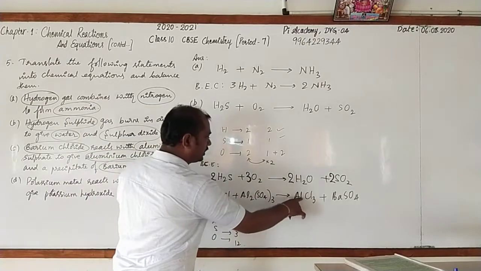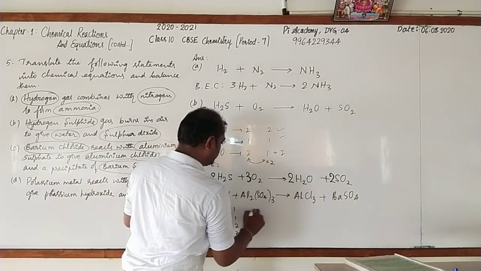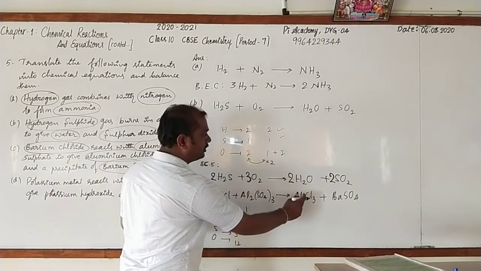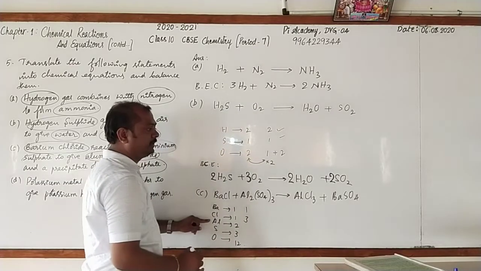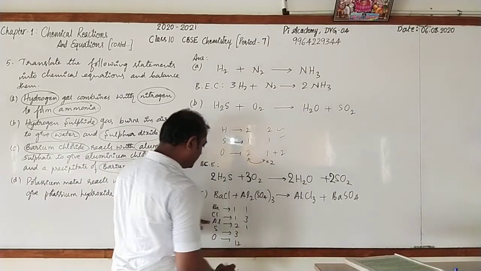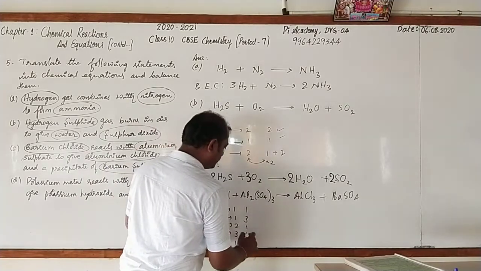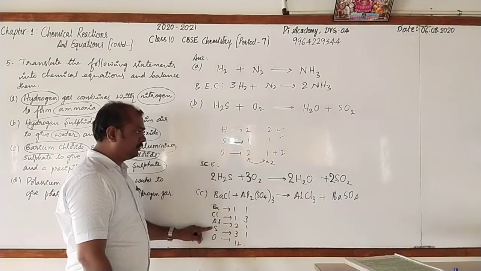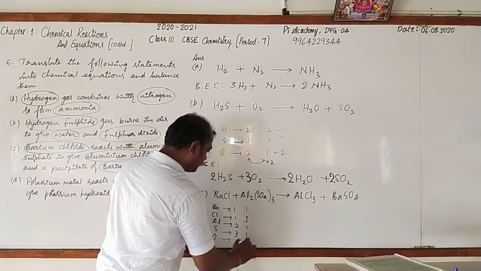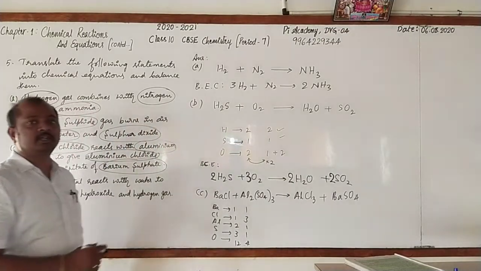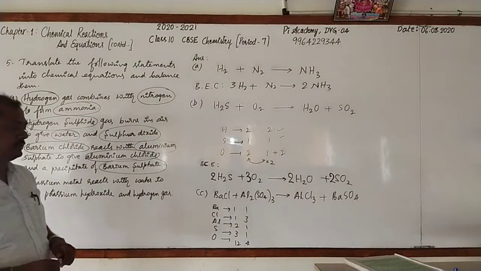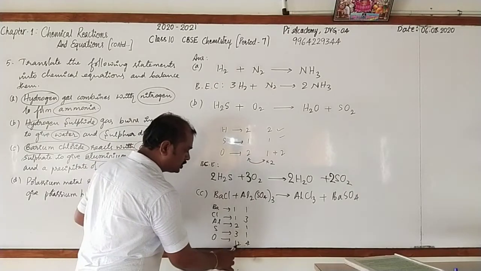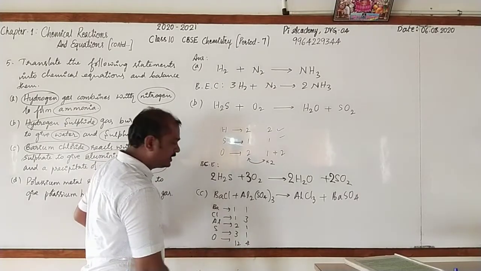Whereas on the RHS, barium 1 balanced, chlorine 3 unbalanced, aluminium 1 unbalanced, sulfur 1 unbalanced, and oxygen 4. Then which element has maximum number of atoms? It is oxygen, 12. Hence we shall go for balancing it.